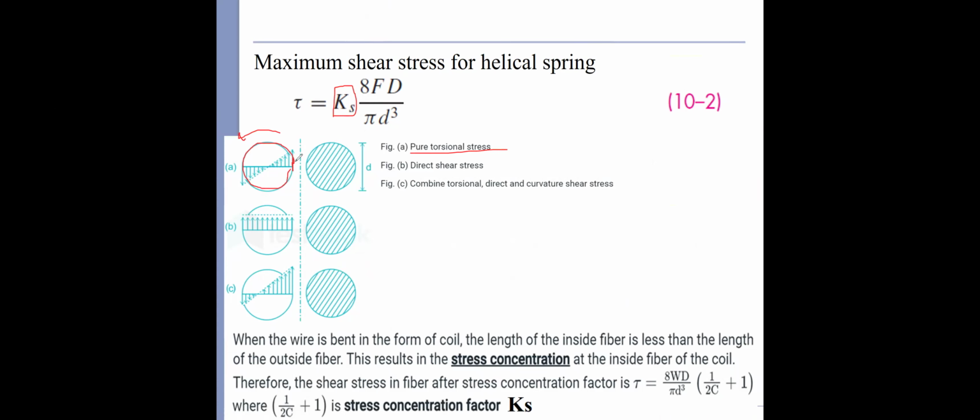Meanwhile, there's the direct shear parallel to this cross section of the wire. So the equilibrium shear stress equals the torsional stress plus the direct shear. So we got this tau S here.